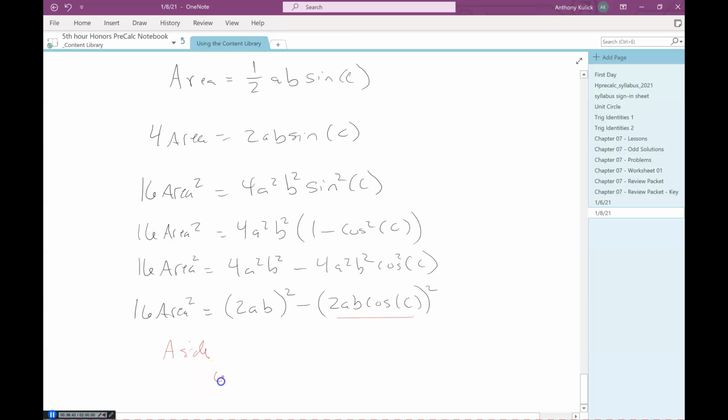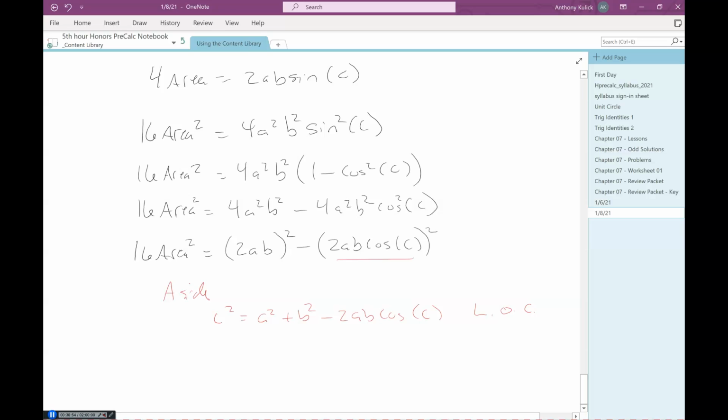So if we recall, one version of the law of cosines is this, right? If I subtract a squared, well, let's do this.